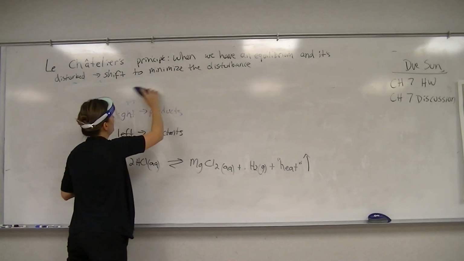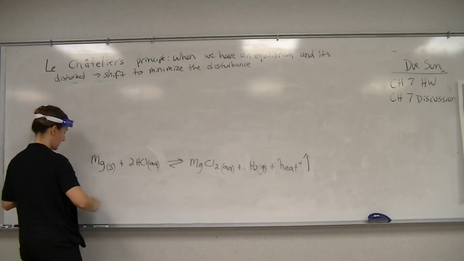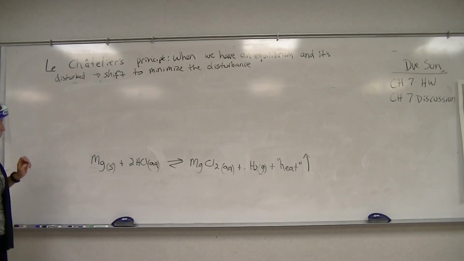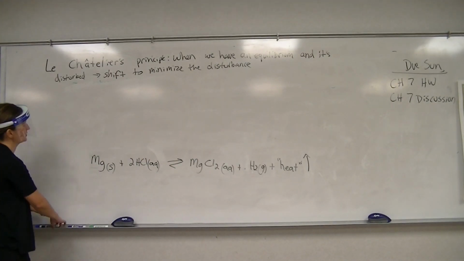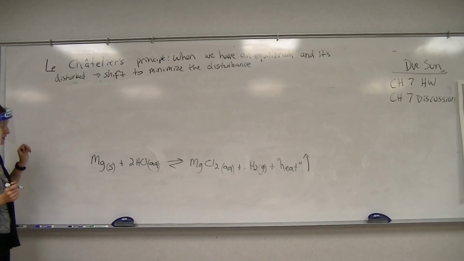So now I'm going to do one more, and we're not only going to look at which way the equilibrium is shifting, but we're going to see what we're making more of. I know that sounds confusing, so let me write the question and try to explain it a little better.